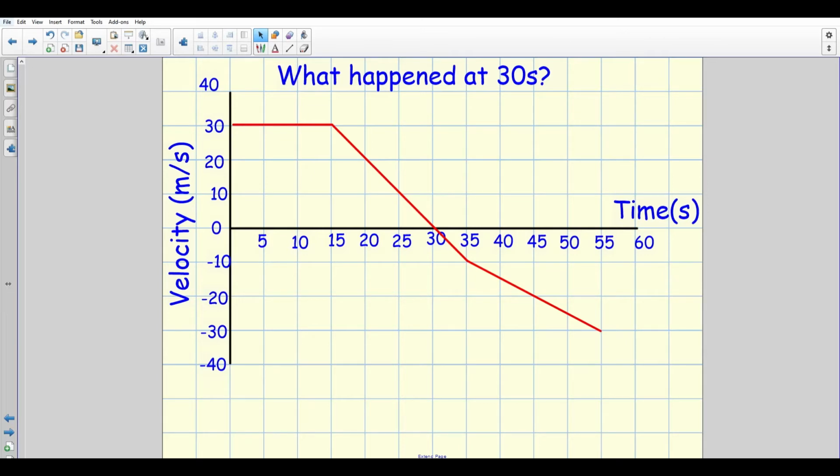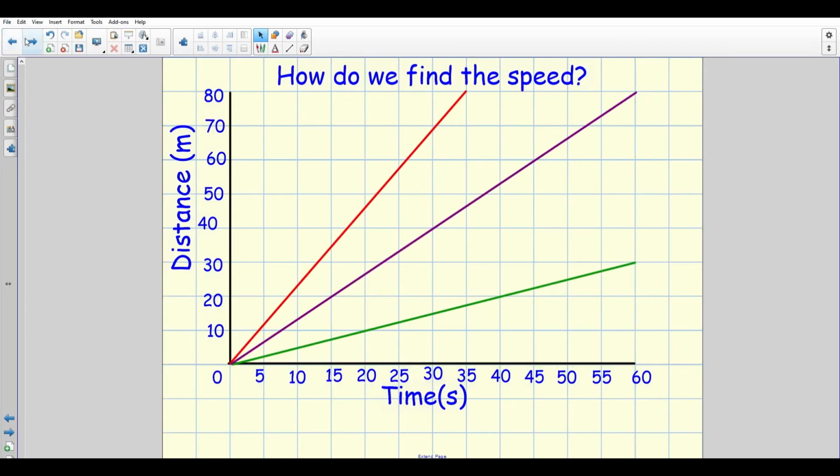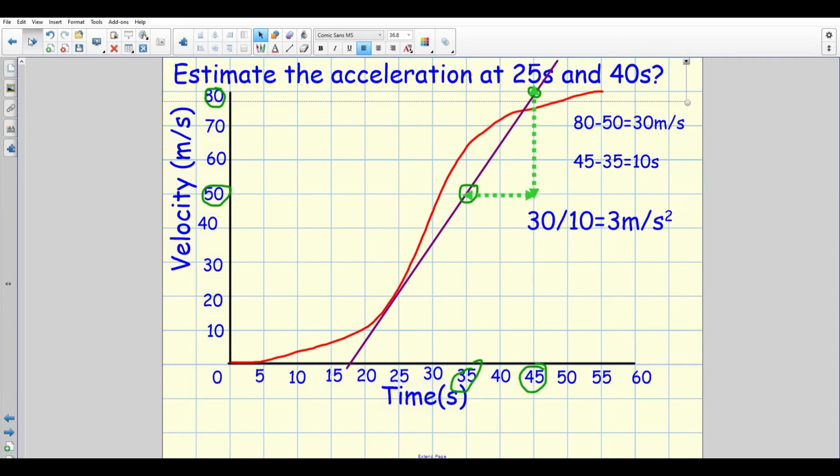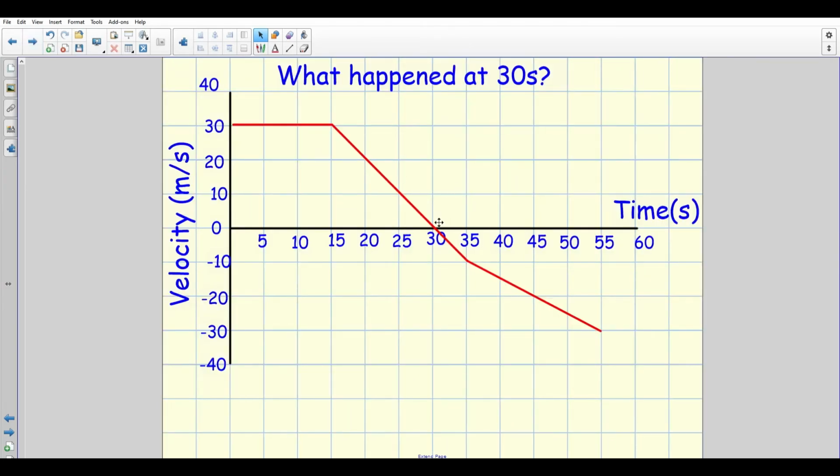So if you had the wall in the middle, if that was a displacement time graph, that'd be getting to the wall, somehow going through it and going backwards from there. But in a velocity time graph, all it means is you're starting to go backwards, back towards where you went. And then you're kind of accelerating backwards because your velocity is going up.